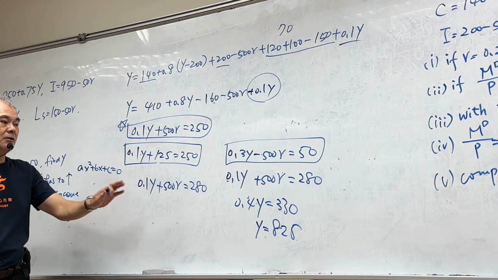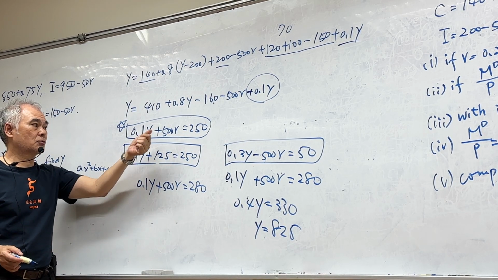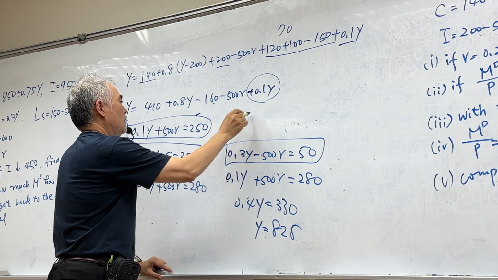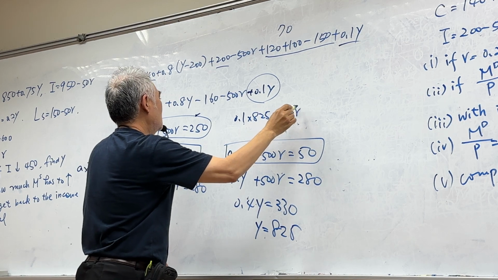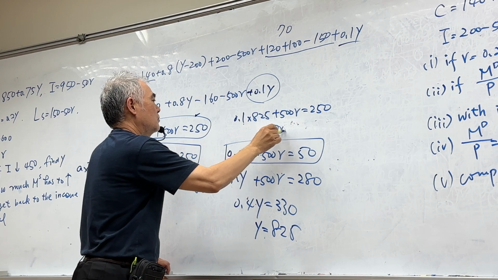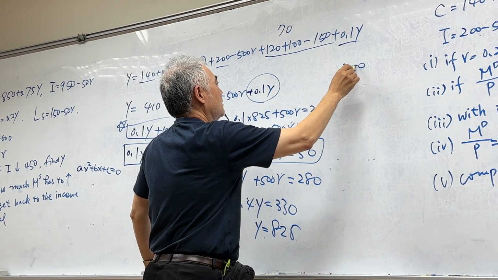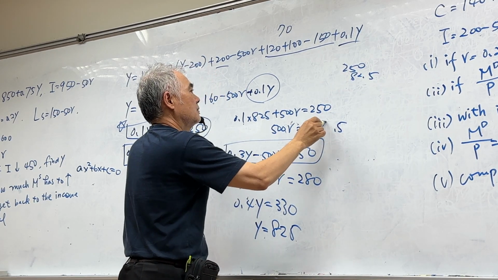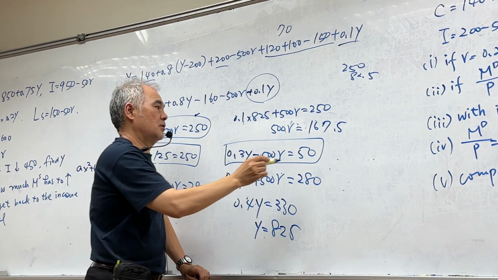Then you plug it back in here to find the interest rate. So 0.1 times 825 plus 500R is equal to 280, so 500R is equal to 280 minus 82.5, which gives 197.5.